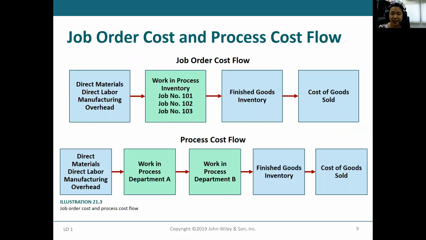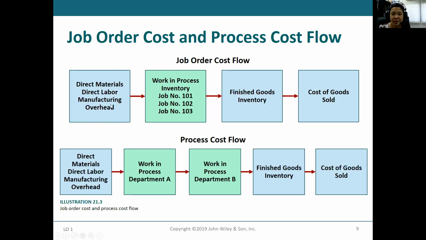Now let's look at the cost flow between the job order costing and process costing systems. For the cost flow, you observe that first we will incur direct material, direct labor, and manufacturing overhead. We call these manufacturing costs.